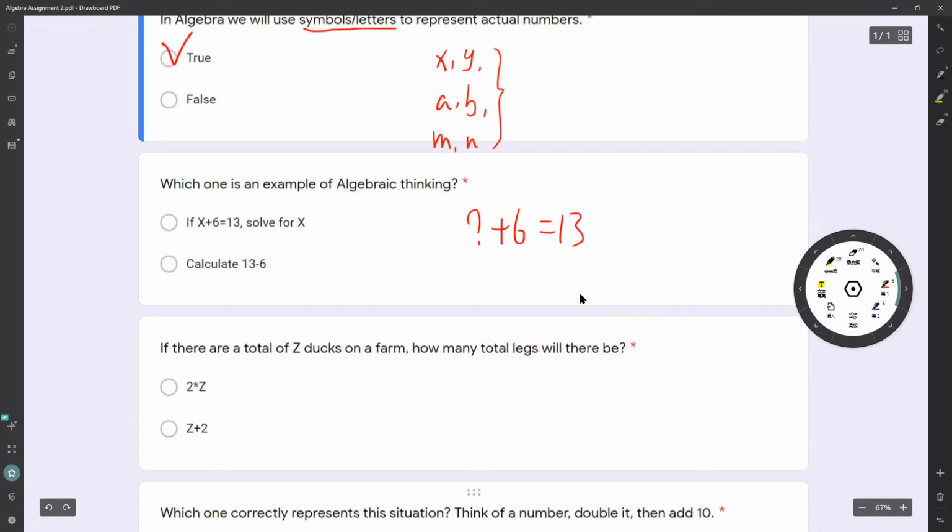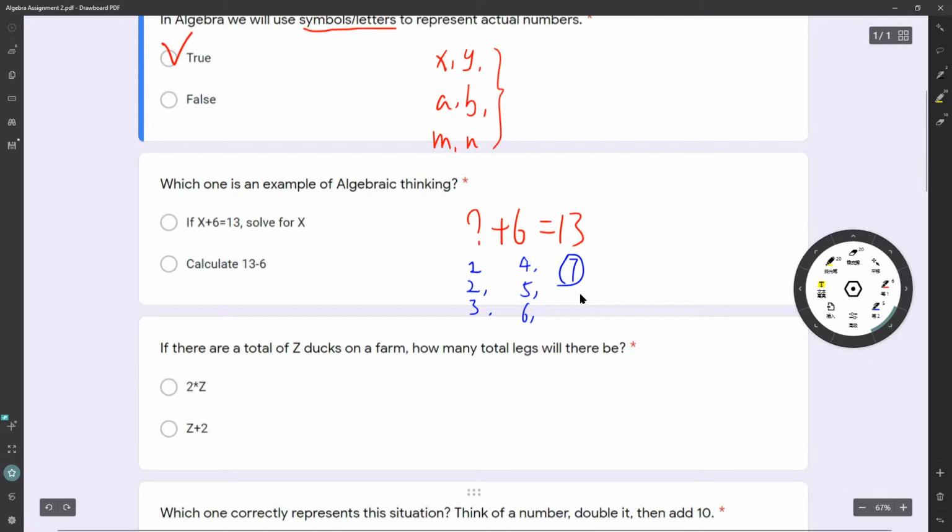Some students try: 1 plus 6 is 7, no; 2 plus 6 is 8, 3 plus 6 is 9, 4 plus 6 is 10, 5 plus 6 is 11, 6 plus 6 is 12, and 7 plus 6 is 13. Therefore, I got the answer. It's 7. Yeah, that's right.